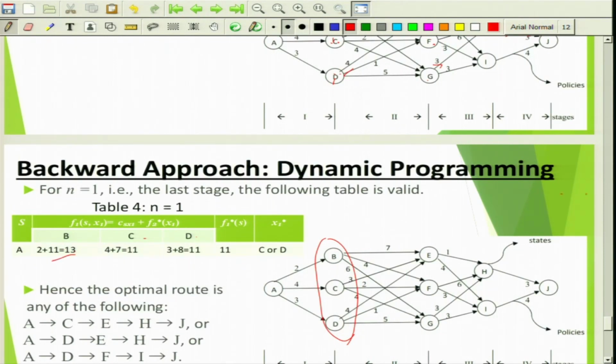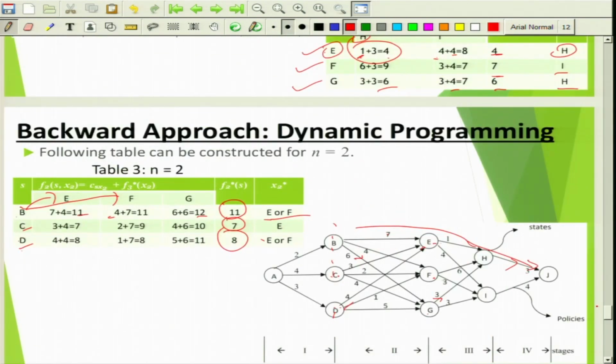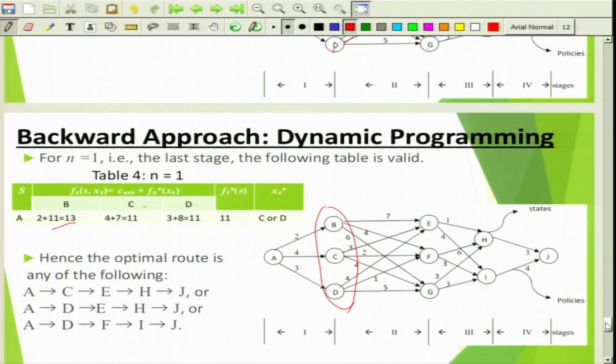Similarly from A to C, this costs 4 rupees. From C onwards the best is E, then the cost is 7, correct? So it comes out to be 4 plus 7 is 11. Similarly A to D is 3.